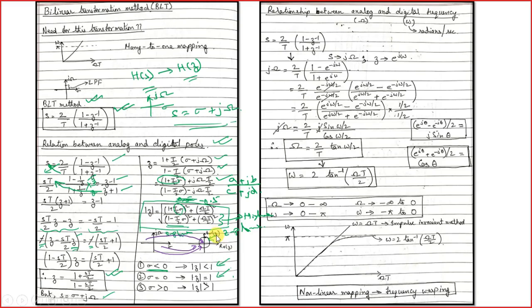Okay, so if you want to design a digital filter from the analog filter using the bilinear transform method, then if your analog filter is a stable one, the digital filter you will be designing would also be stable in nature, because all the stability criteria of the S-plane of the analog filters would also be maintained during the transformation process. Okay.